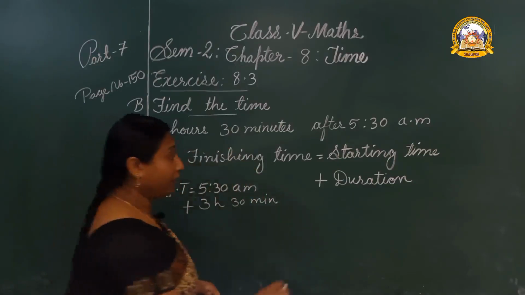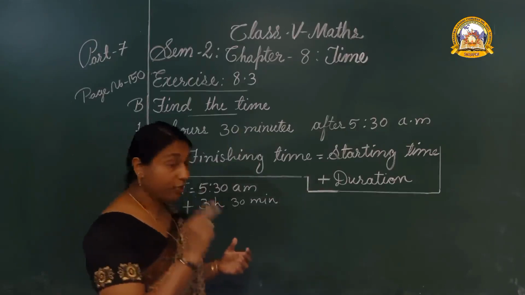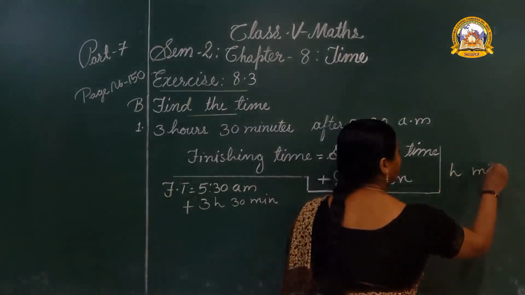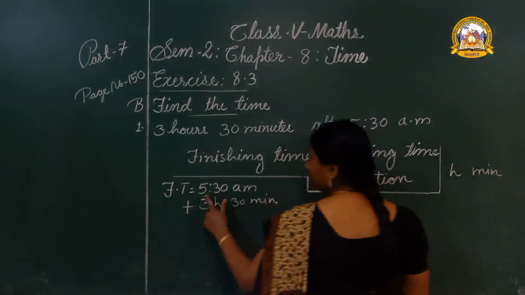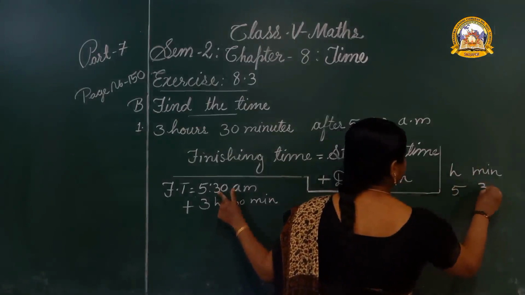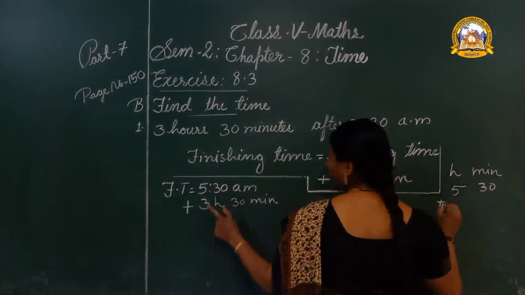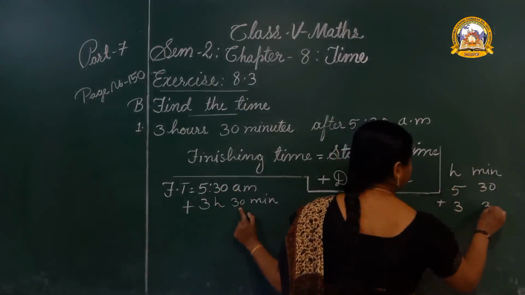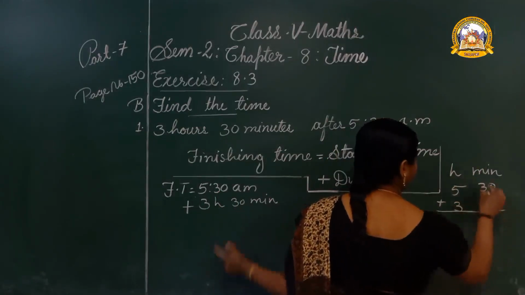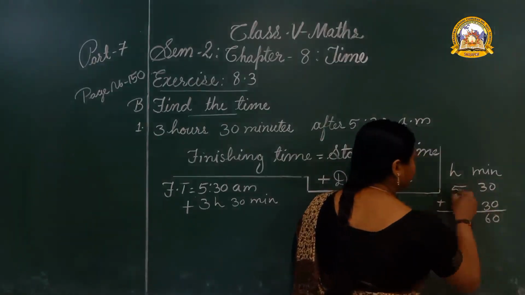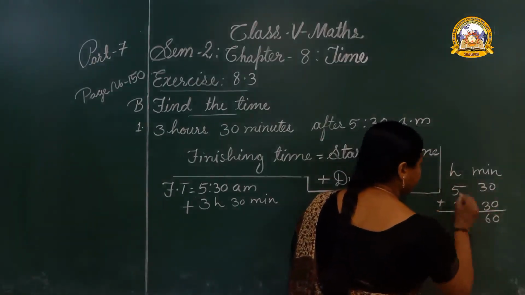Okay, let us find. First we have to make two columns, hours column and minutes column. First 5 hours 30 minutes plus duration 3 hours 30 minutes. Okay, 30 plus 30, 60, then 5 plus 3, 8.